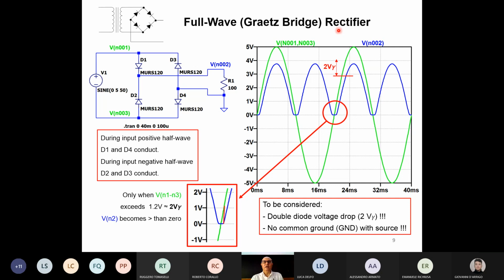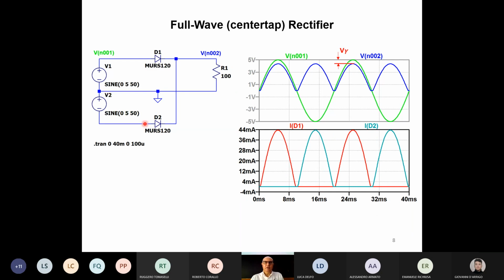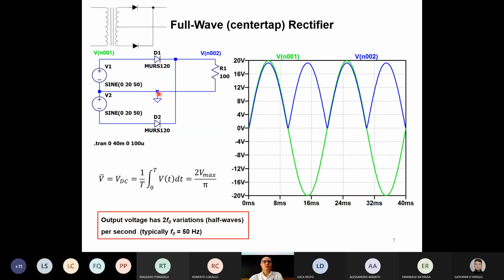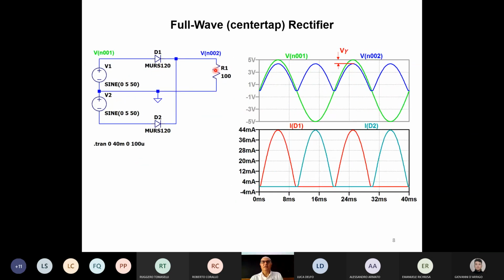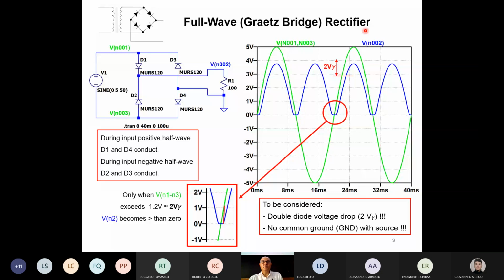If you look at the previous circuits, also this one, I placed the ground here, that means this wire, and so I have a common ground between the transformer and the output. For a single half-wave rectifier, I place the ground here, I have a common ground between the generator and the load. In the Gratz rectifier, it is not possible to have a ground on the load, which usually I prefer. I always want to have a ground on the load, and I cannot place a ground anywhere else.